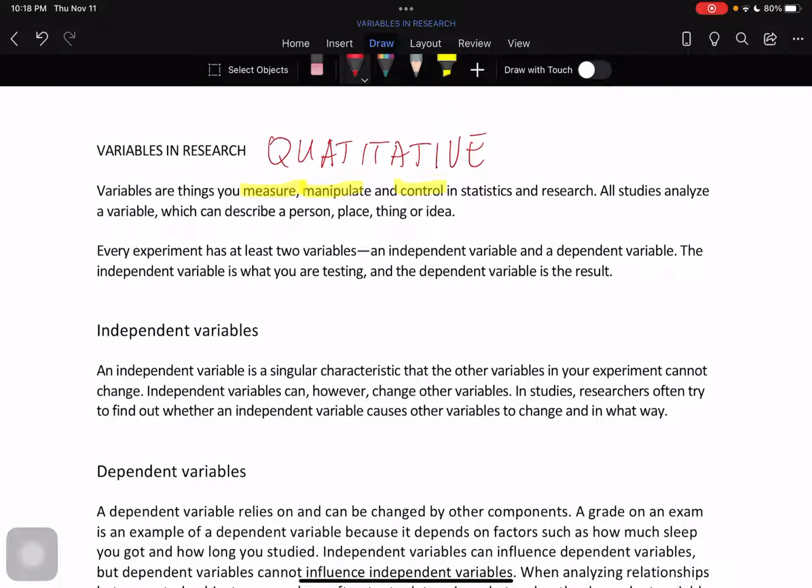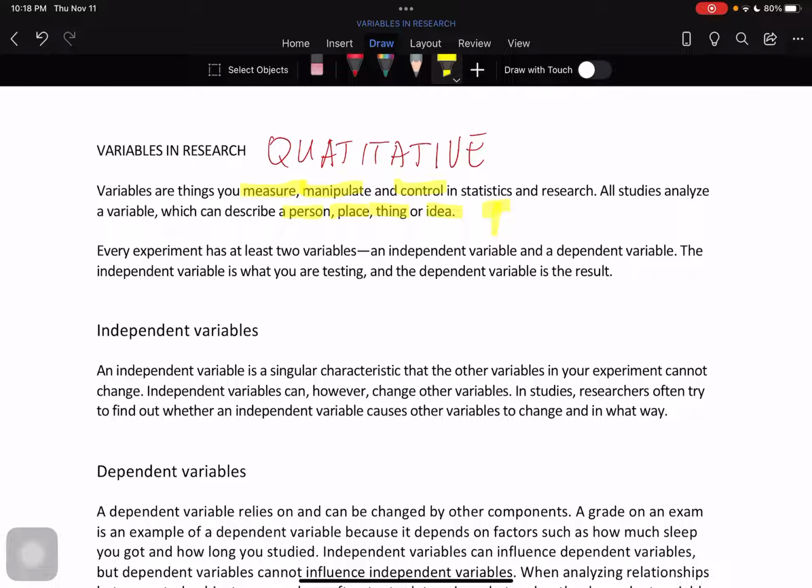To continue, all studies analyze variables, which may take the form of a person, a place, a thing, or an idea. Take note, because this will be very crucial when identifying the different variables in your research, specifically in your research title.